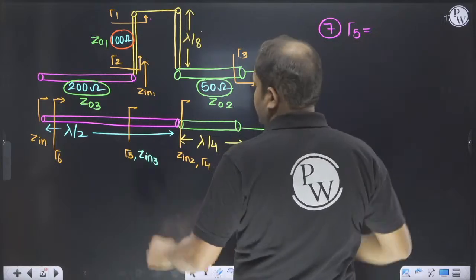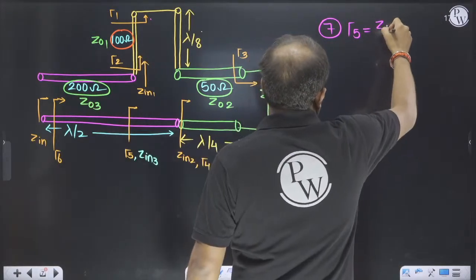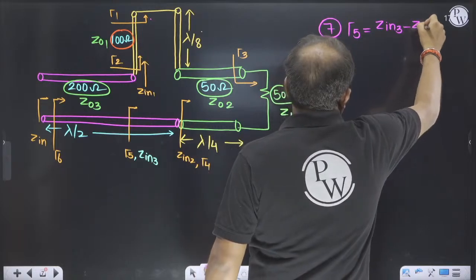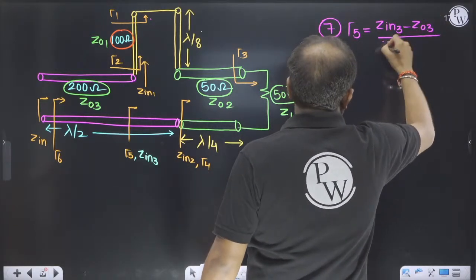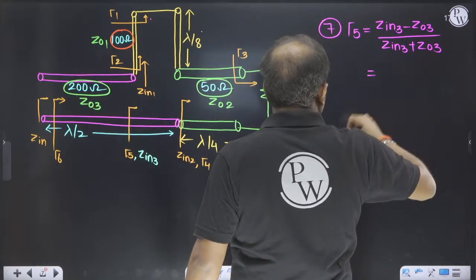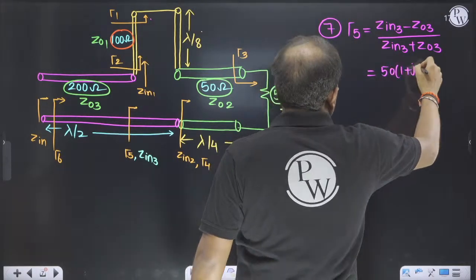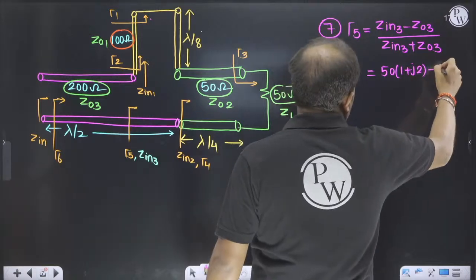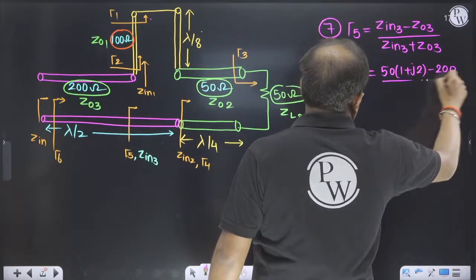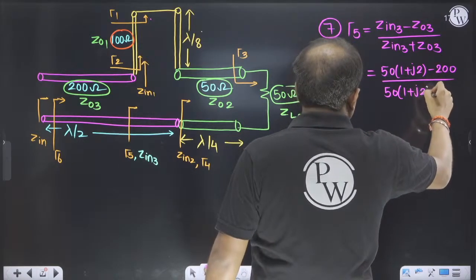For gamma 5, it is Z in 3 minus Z03 divided by Z in 3 plus Z03. Z in 3 will be 50 into 1 plus j2, and Z03 is 200. It will be 50 into 1 plus j2 minus 200, over 50 into 1 plus j2 plus 200.